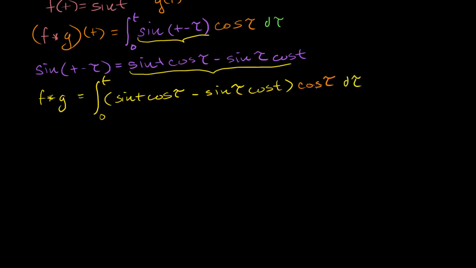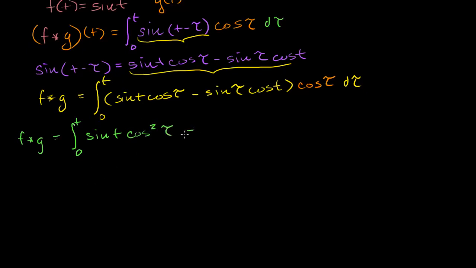Now let's distribute this cosine of tau out. And what do we get? We get f convoluted with g, f star g, is equal to the integral from 0 to t of sine of t times cosine of tau times cosine of tau. I'm just distributing this cosine of tau. So it's cosine squared of tau.